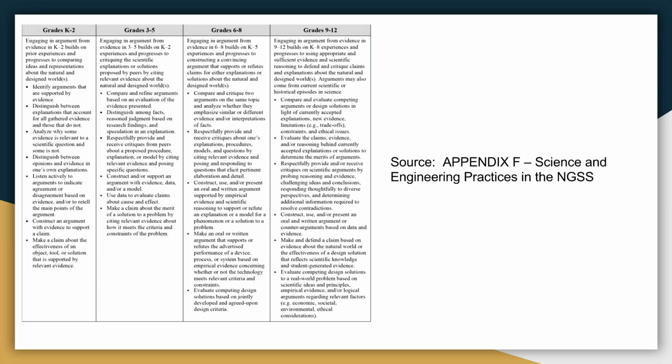And then as you go down, they're still analyzing evidence and providing evidence in their arguments. And so like the third bullet, to construct, use, or present oral and written arguments, they're still using evidence to back their claims. So I think that's the main focus for that one, for 6 through 8.